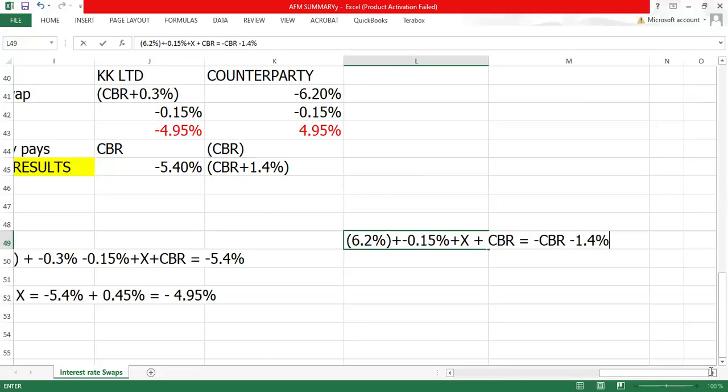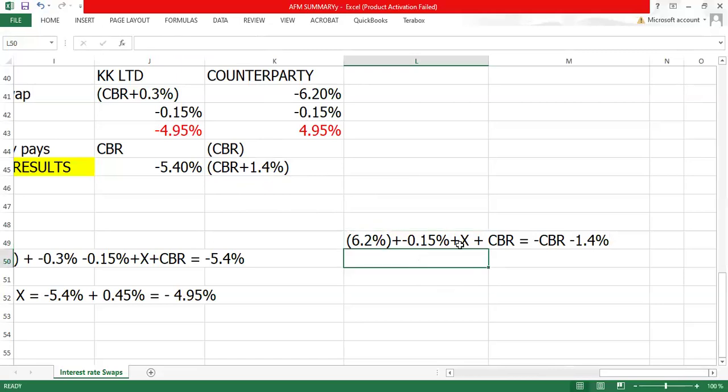But me, I recommend that you don't start with the side that has a CBR on net results. It will take a lot of your time. But if you decide to start with that, it's also okay.